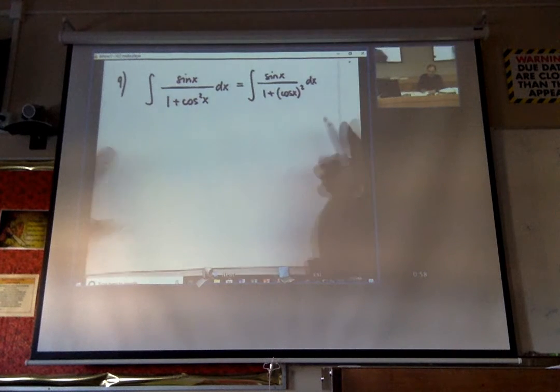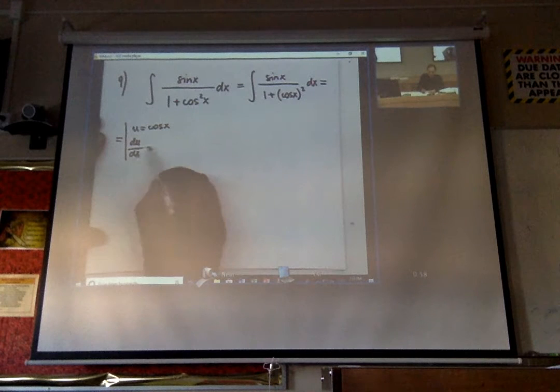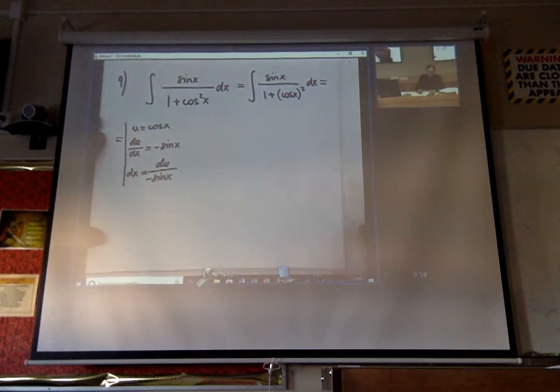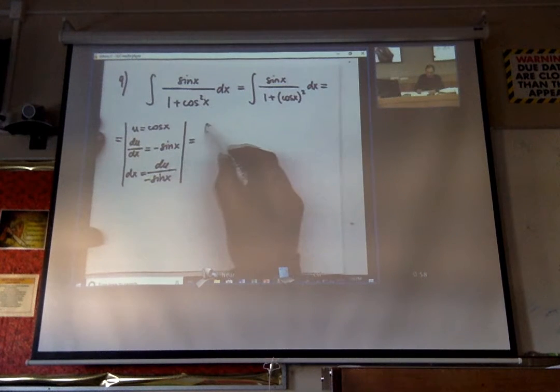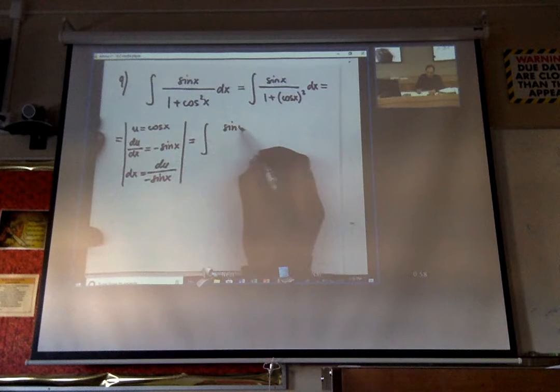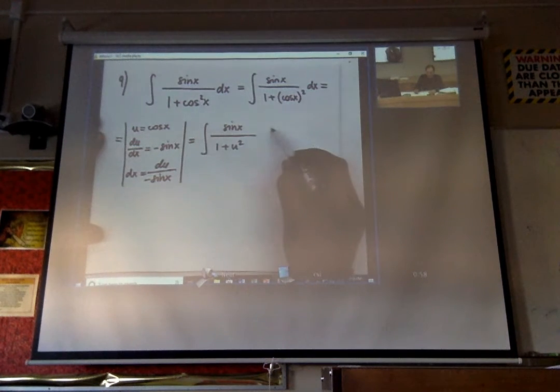So we can see the substitution here is u equals cosine of x. Then we have du over dx, which is negative sine of x. And dx is du over negative sine of x. So that's what we have. And when we substitute, we have sine of x over 1 plus u squared. So you see we're going in the same direction that we had before. It will be negative sine of x.